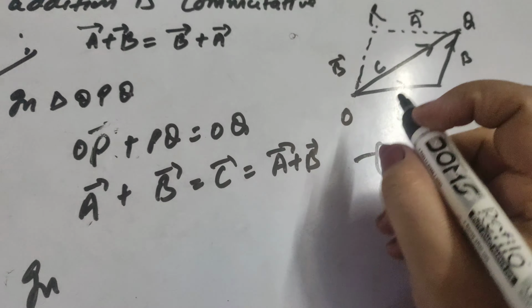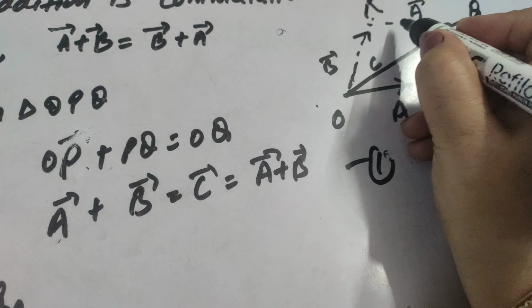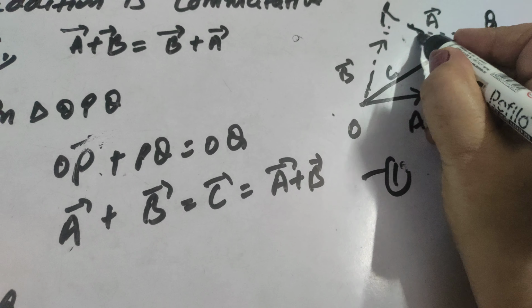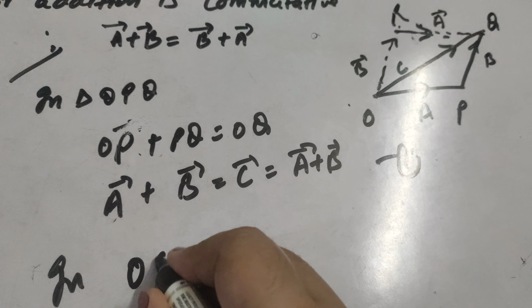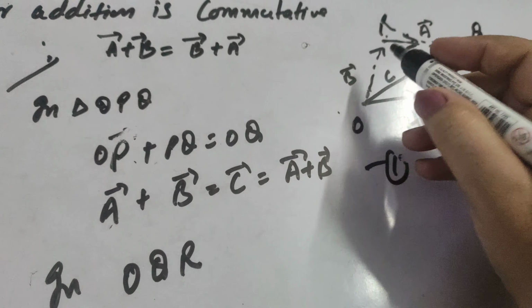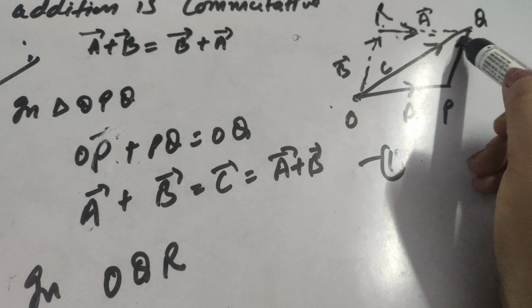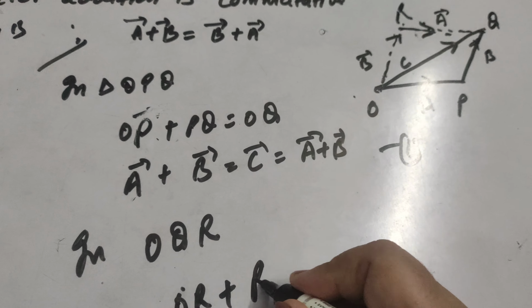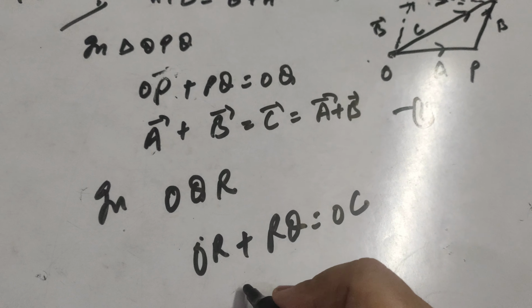Now in triangle OQR, this is in this direction, right? Now OR plus RQ is equal to OQ.